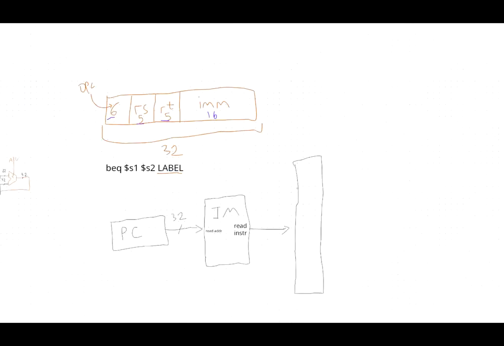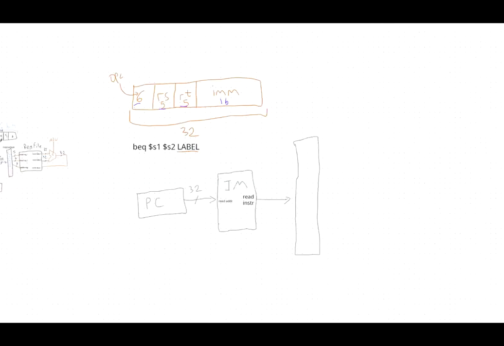Going back to the datapath we were drawing, this is 6, this is 5, this is 5, and this is 16. Bam.